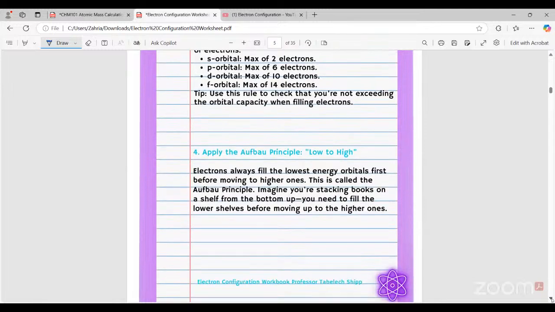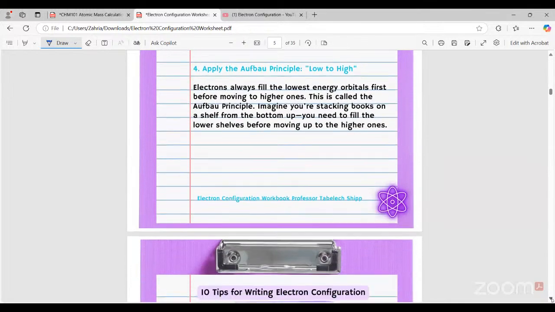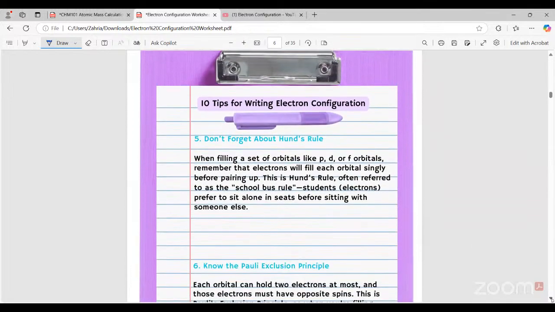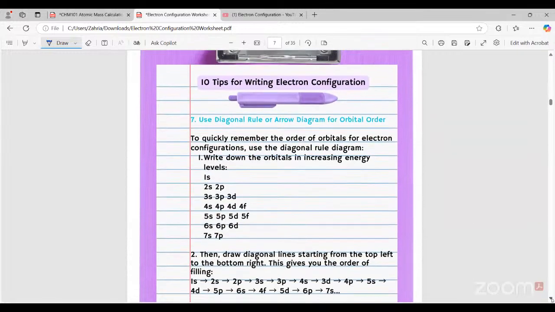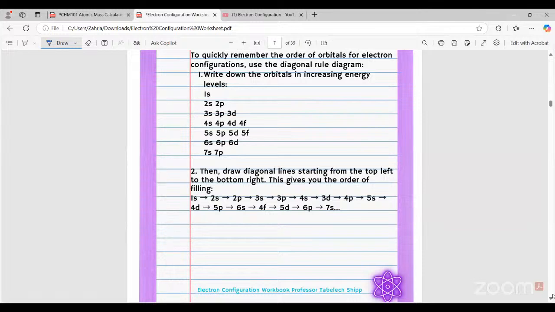Okay, based on what I said there, let me show you this next part. We're going to skip this part about some of these other rules, but here's the one main thing that I want you all to see right here, and that is the order that you have to write out the electronic configuration, okay? So I'm going to explain this part to you in detail.